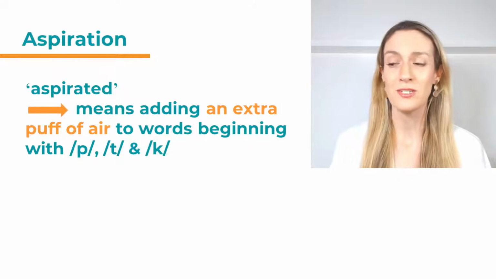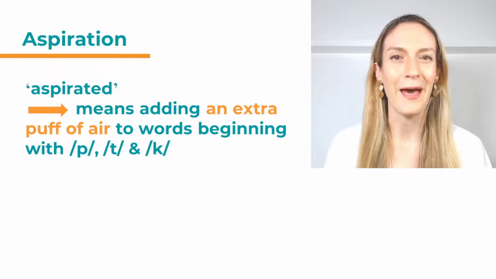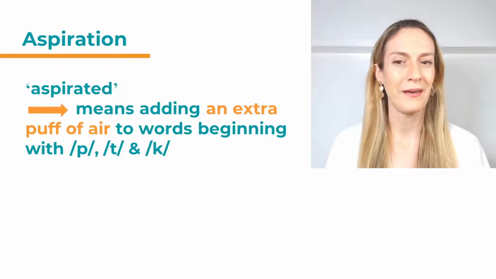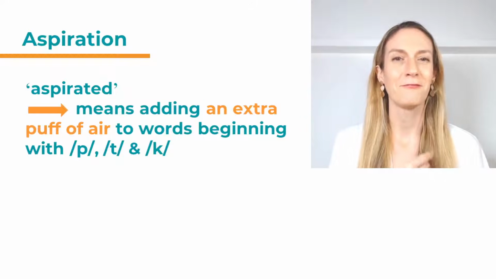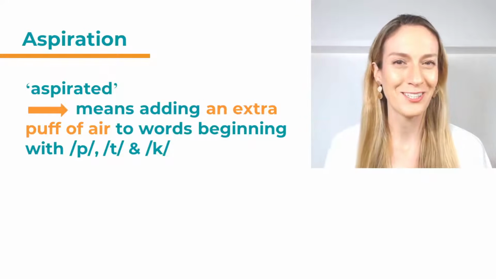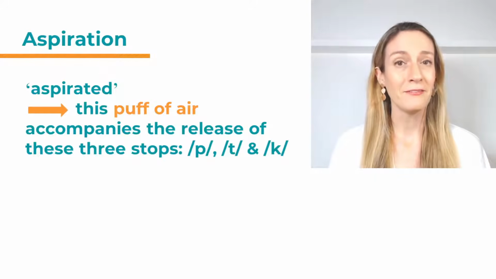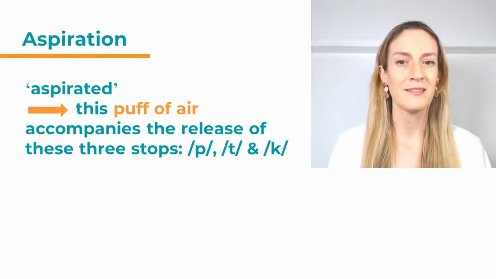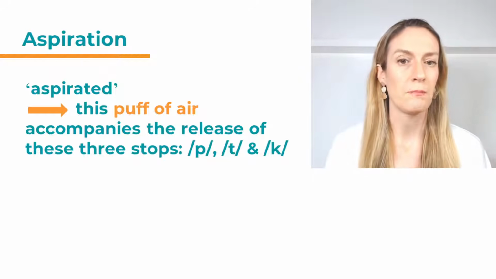And when you just use your hand, you can also feel the puff of air. It's an aspirated p, and the same for t and k. I can feel and hear the aspiration. So this little puff of air accompanies the release of these three stops or plosives.